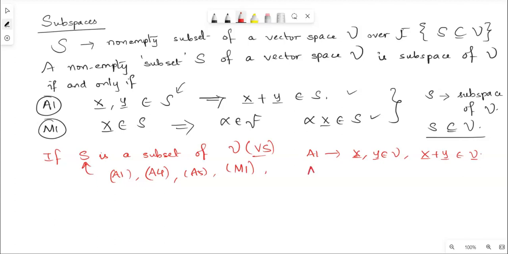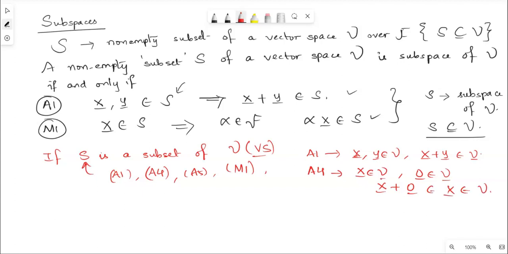In A4, for x belonging to the set V, there exists an element 0, also belonging to V, such that upon addition of these two vectors we get back the same x vector, which belongs to set V.